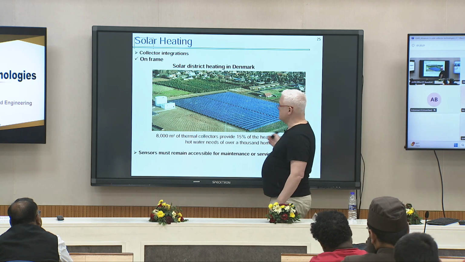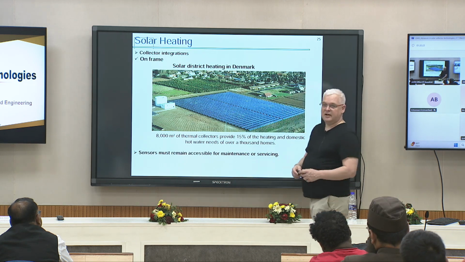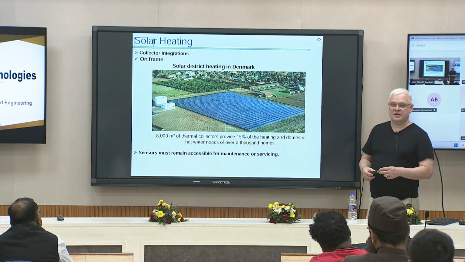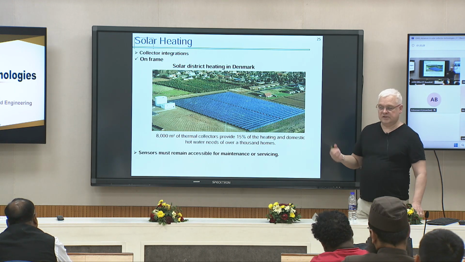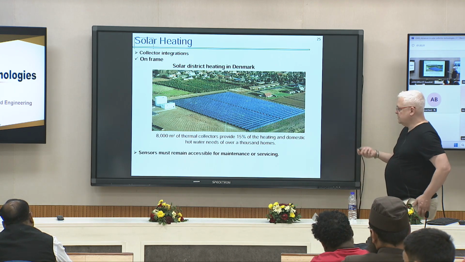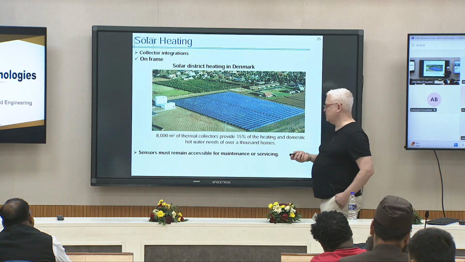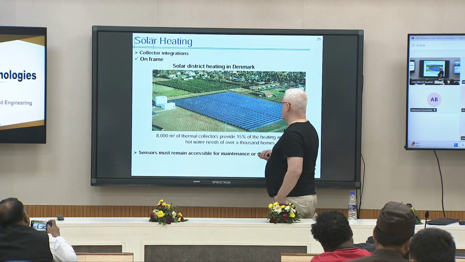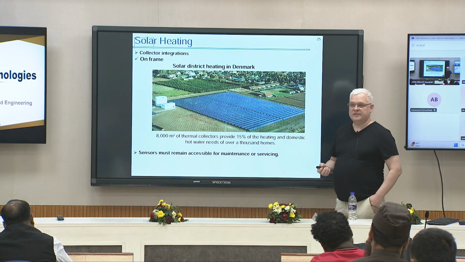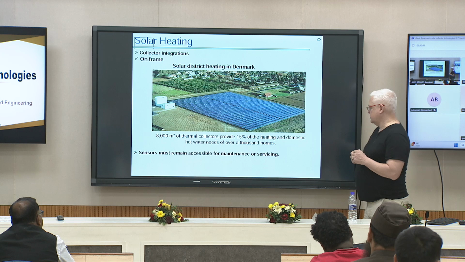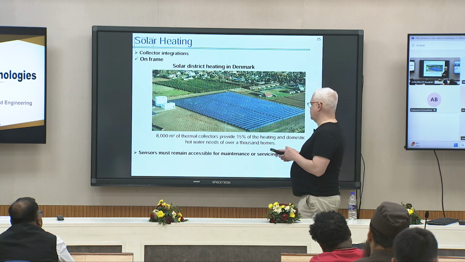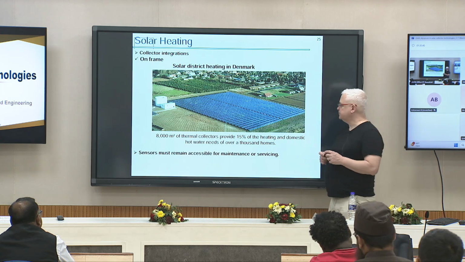So here, it's not a PV central, it is a solar thermal central connected to the thermal grid of a city. You can see you have 8,000 square meters of thermal collectors that are providing 15% of the heating and domestic hot water need of 1,000 homes.